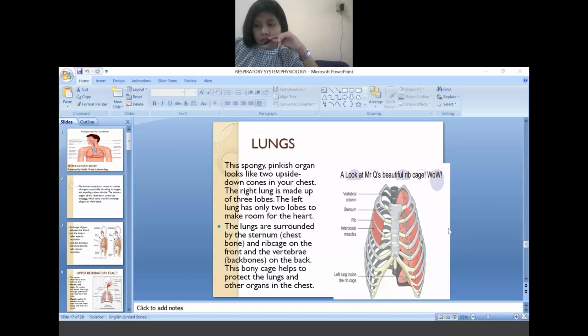Lobes of the lung. The right lung is made up of 3 lobes, and the left is 2 lobes. Can you name them?